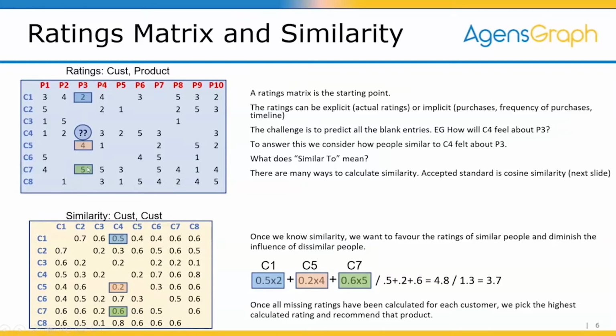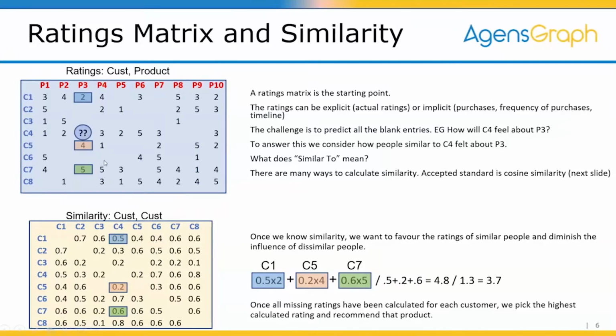Now, what do I do? Do I average them? Averaging them is not good. You just come up with a very weak, very poor recommendation system, but a really rich recommendation system that actually bases itself on collaborative filtering is to consider how similar those other customers are to C4.